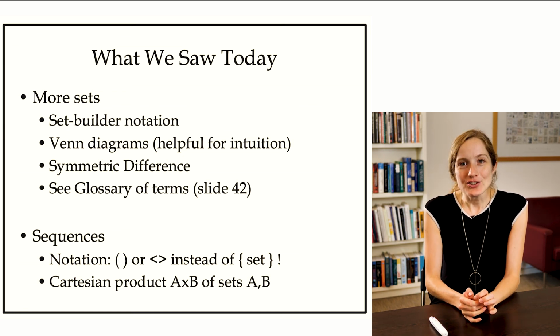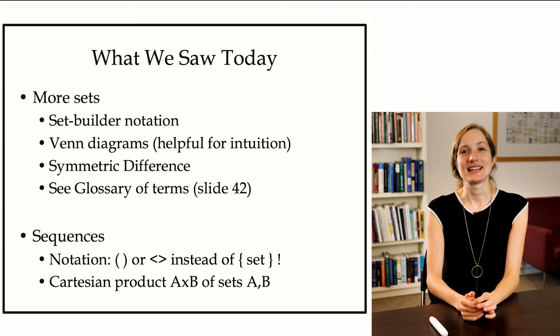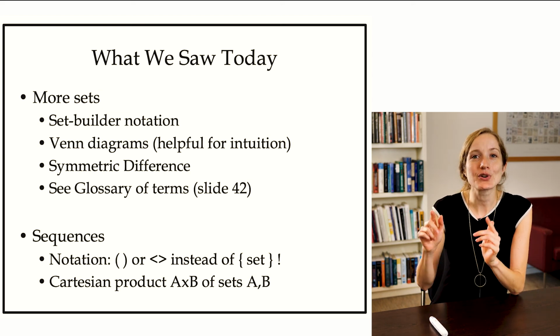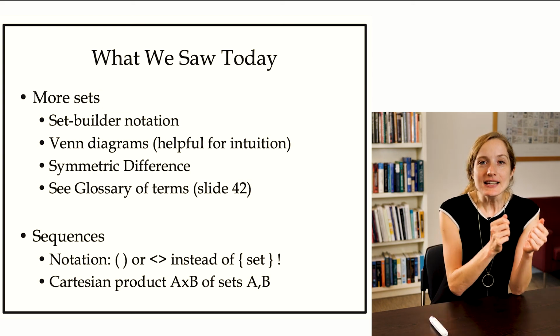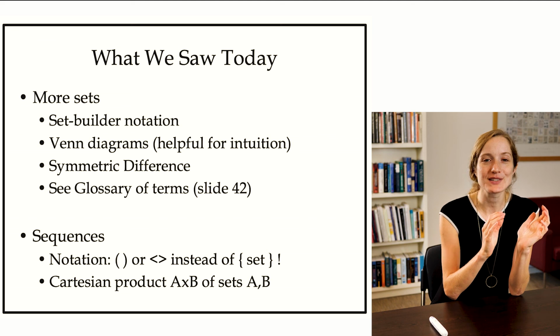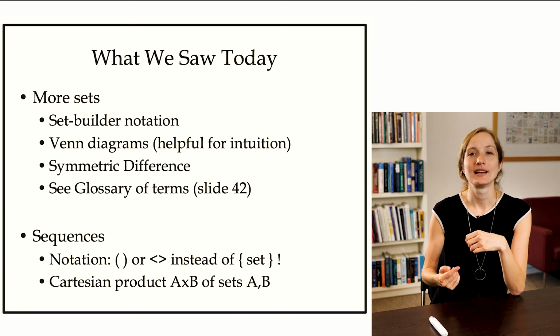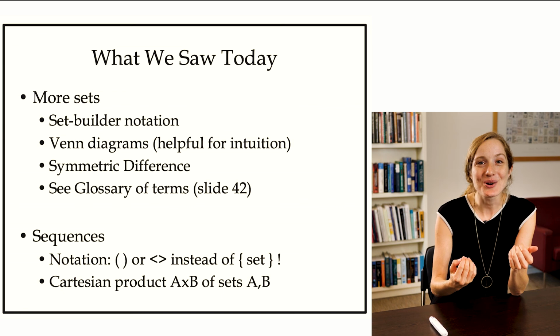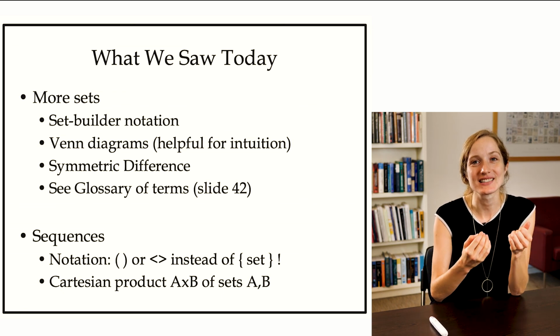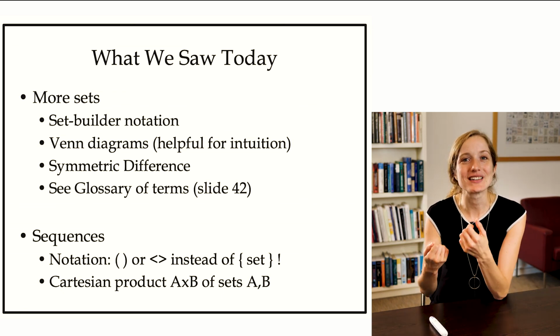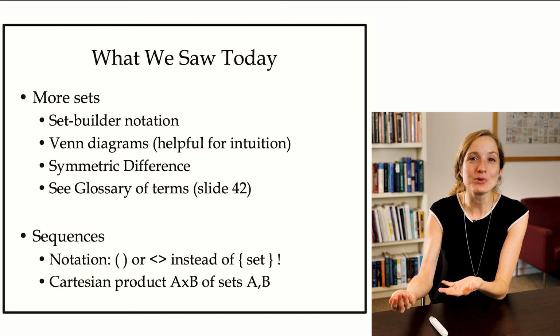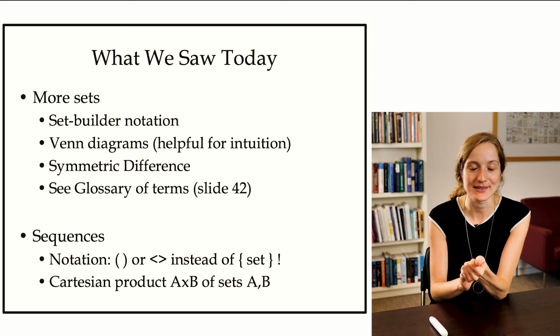Notationally, an important point is that sets use curly braces, and sequences use either parentheses or angle brackets. This is your clue, both to when you see something, you'll automatically know whether it is a set or a sequence. And in reverse, when you're trying to describe something, this is how you can communicate to others what the type is.